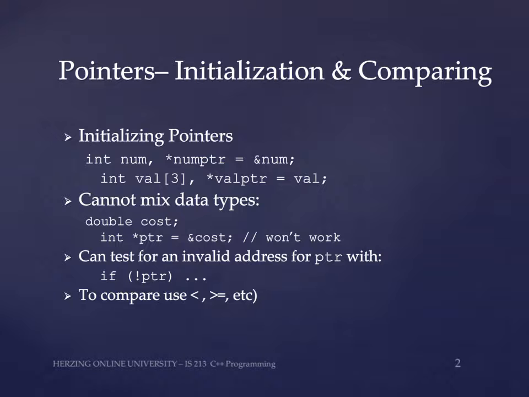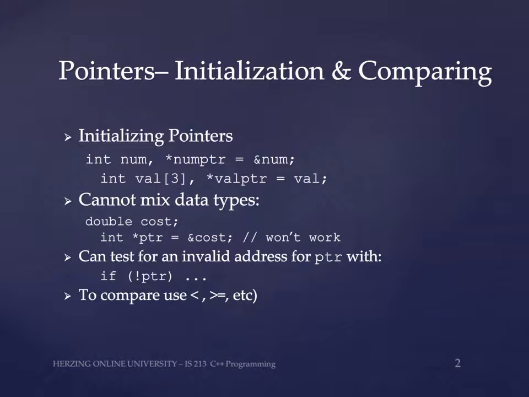You cannot mix data types. If you define cost in this example as double, and then define the pointer as an integer for the variable cost, that won't work. They have to be the same data type.